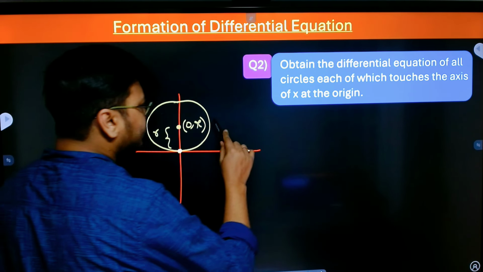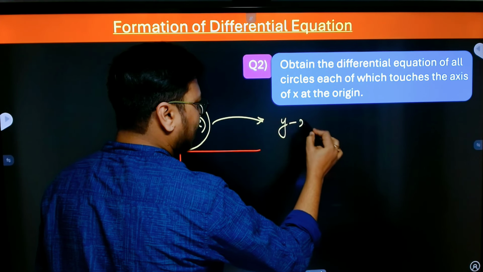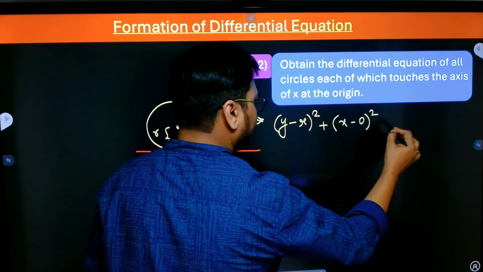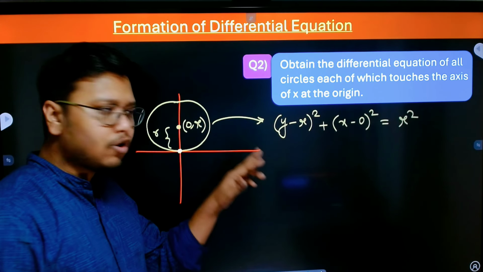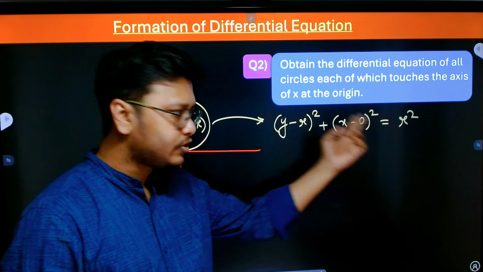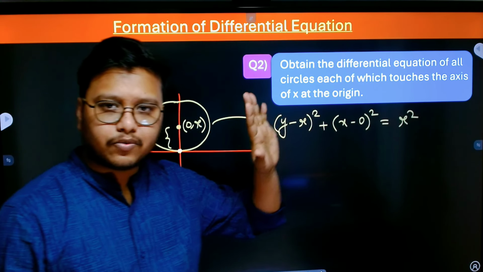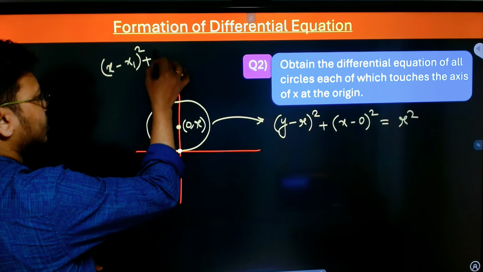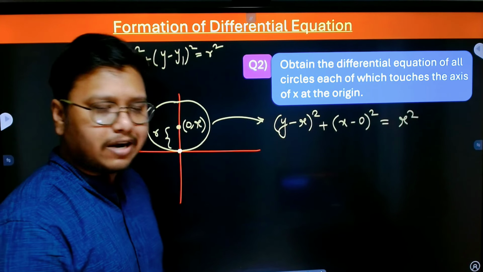So I have a circle whose center is (0, r) and whose radius is r units. The equation of a circle like this would be (y minus r) whole square plus (x minus 0) whole square equals r square, right? Because the center is (0, r), so x subtracted from 0 and y subtracted with r, whole squares, equals radius square. The equation of a circle is (x minus x1) whole square plus (y minus y1) whole square equals radius square, so I've just used that formula.